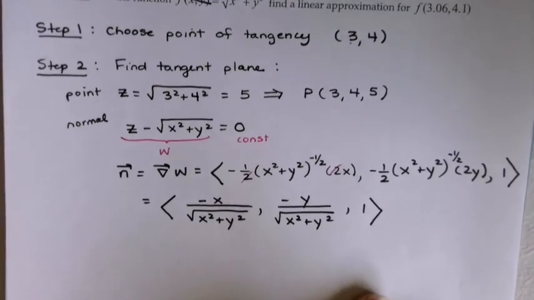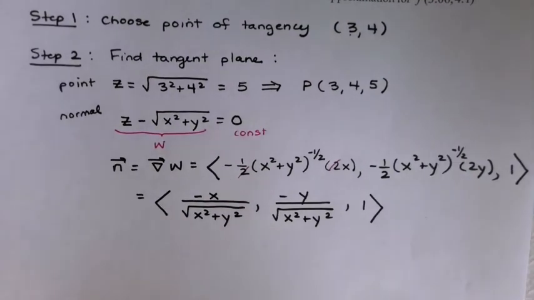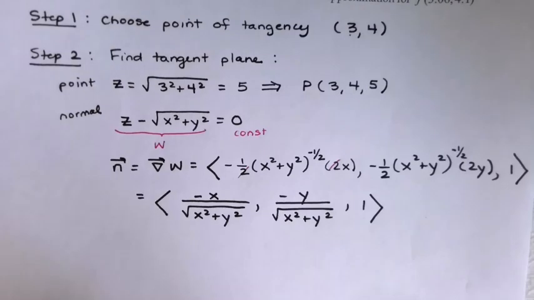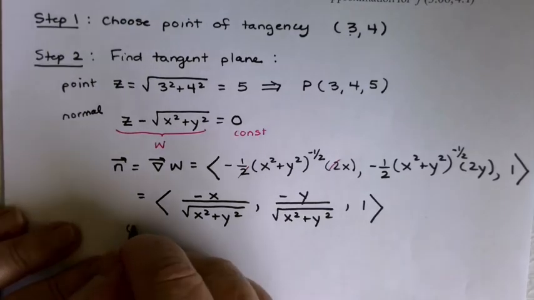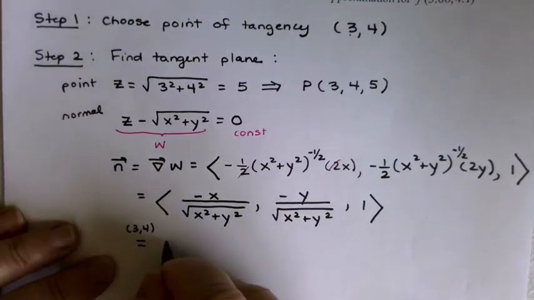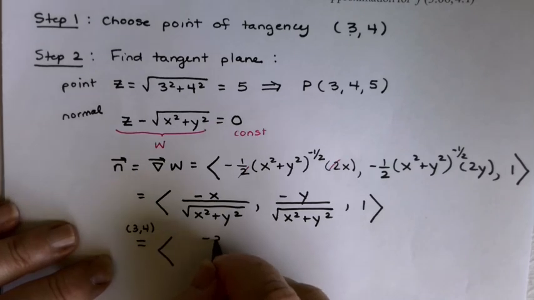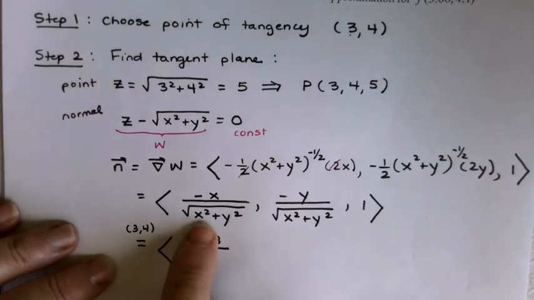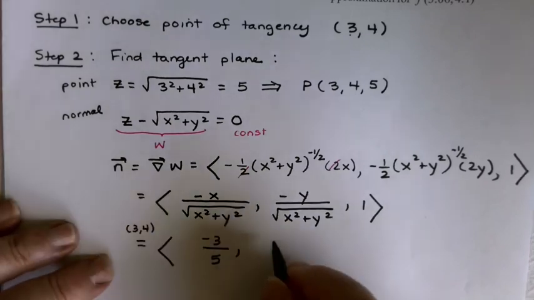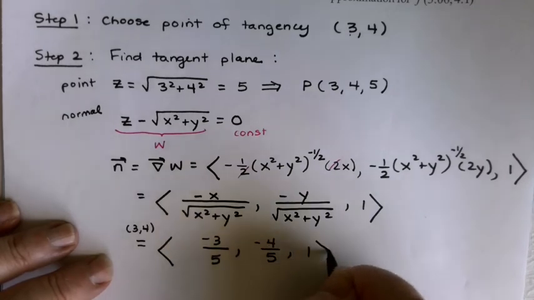So finally, to get my normal vector, I'll plug in my point of tangency, the 3 and the 4. And I'll get negative 3 over the square root of 25, right? When I plug in 3 and 4, so that's just 5. And then negative 4/5, and then 1.